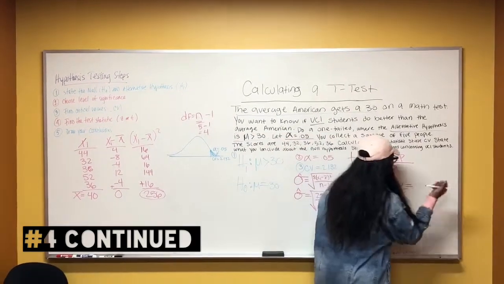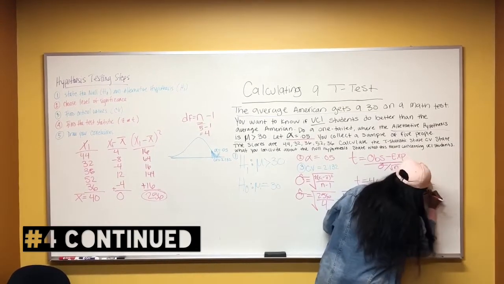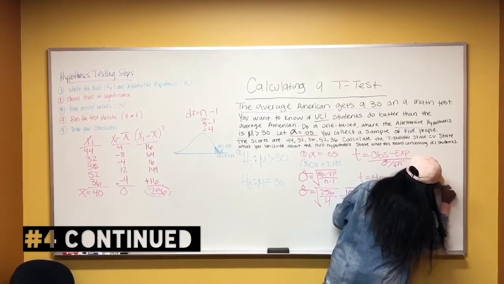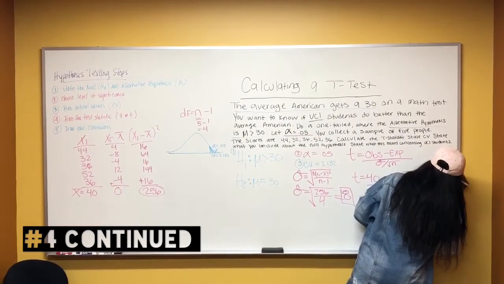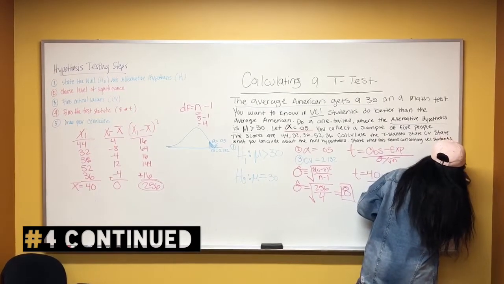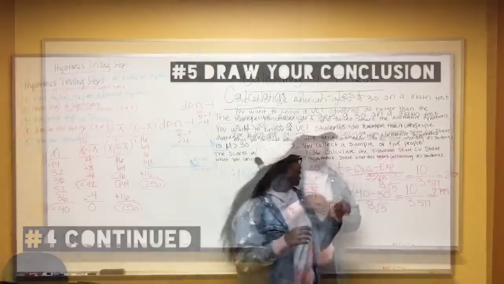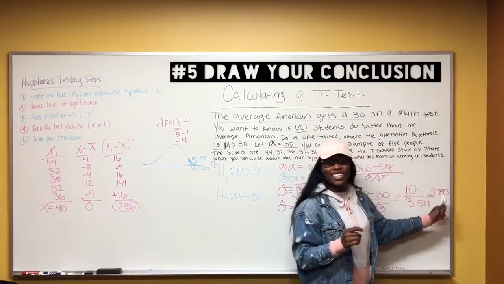So we get 10 divided by 3.577. To make a correction, the t statistic is 2.795.